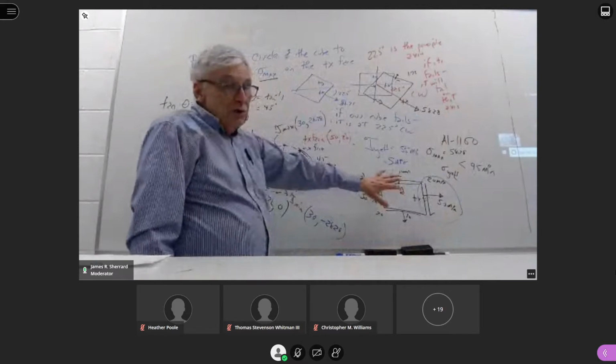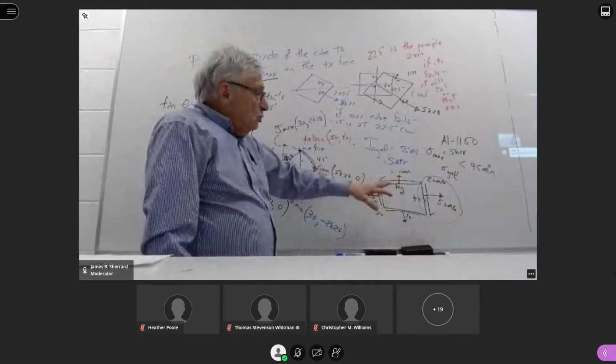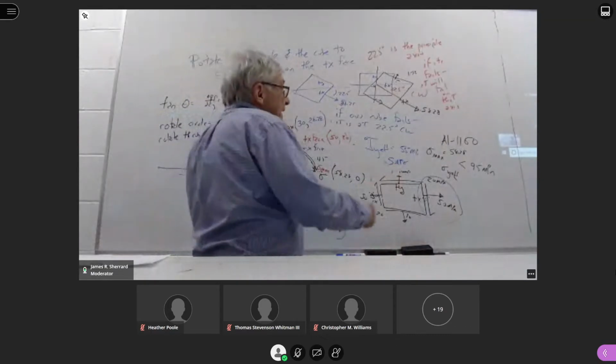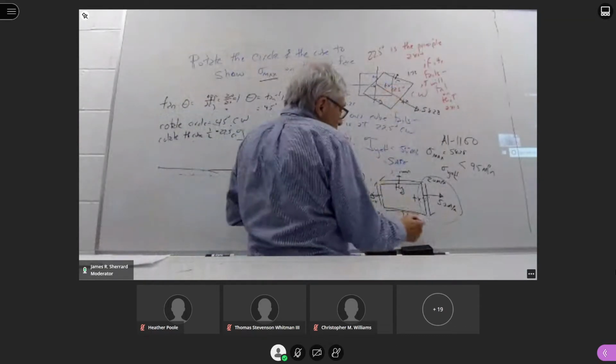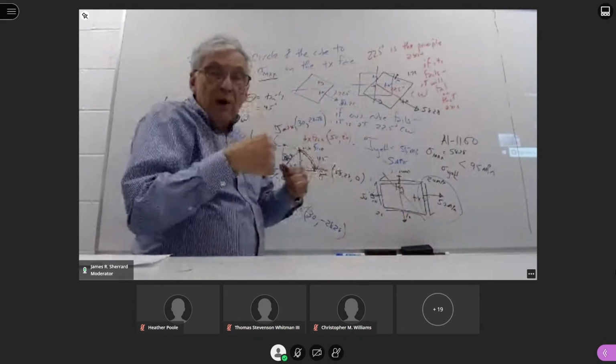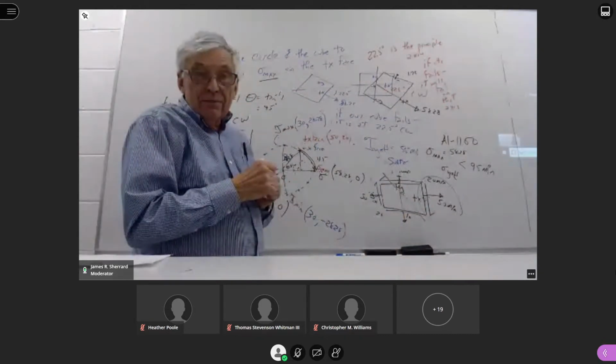So if we started out with our original cube, and this with its loading is due to fail, it will fail at an angle of 22.5 degrees. It'll just pull apart like you had taffy.